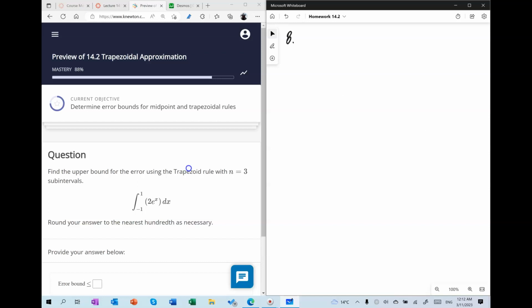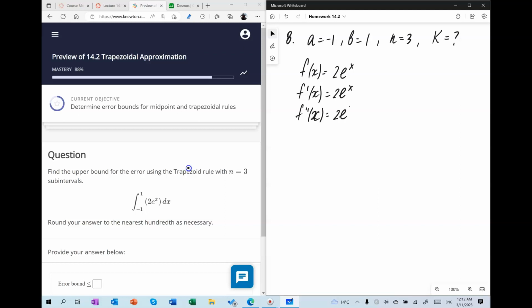We have another problem. A is -1, B is 1, N is 3. We need to find K. To find K, we consider the function and find its first derivative, then the second derivative.